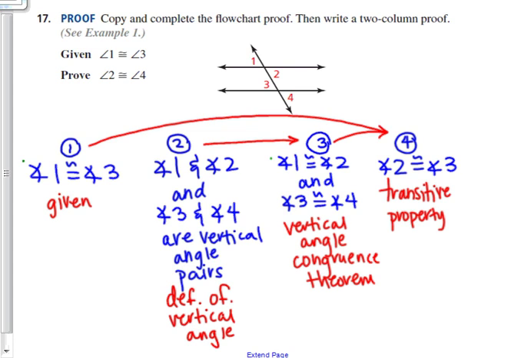Okay. So my 5th and final step, if I know that angles 2 and 3 are congruent, and I know that angles 3 and 4 are congruent, it's wanting me to say that 2 and 4 are congruent. So within steps 3 and 4, I can finally say for my step 5, and I'll put it kind of down here, I couldn't fit it up there, I can finally say that using my transitive property, 2 and 4 are congruent from those 2 little purple dots.